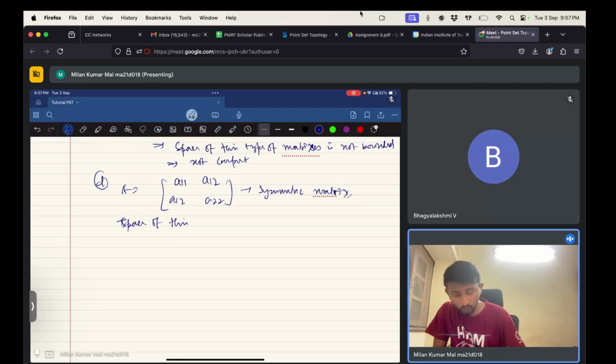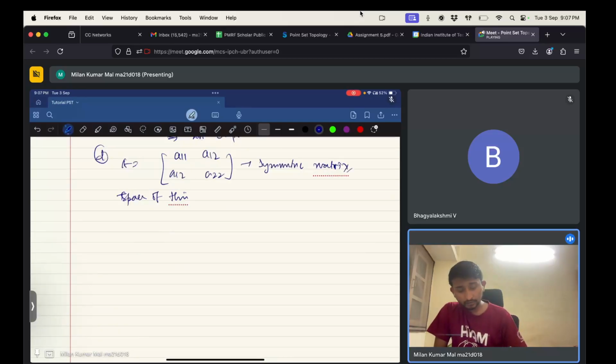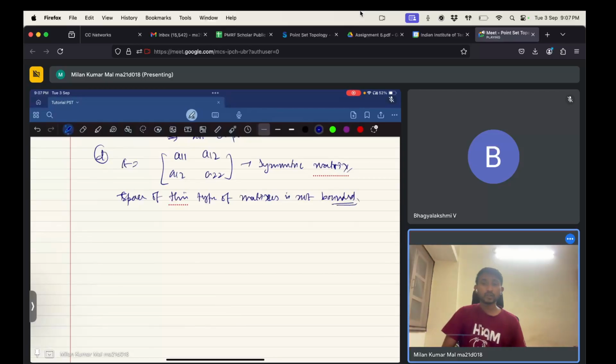I'm taking here only 2 by 2 matrices, but not necessarily 2 by 2. This is for arbitrary n. So the space of this type of matrices is not bounded. Okay, so option D is also not correct.